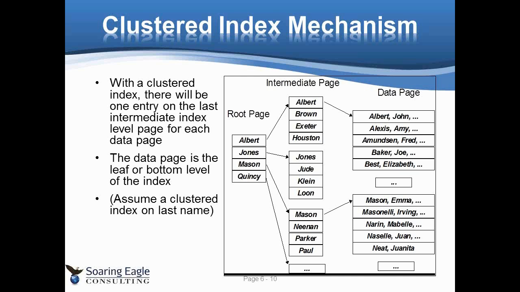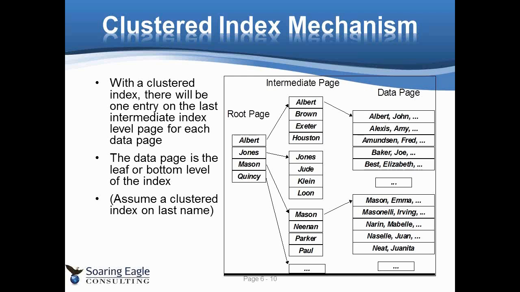The difference between the clustered and the non-clustered index is that the clustered index we think of as being physically sorted in index order. Because we can only physically sort the data one way, we can only have one clustered index.